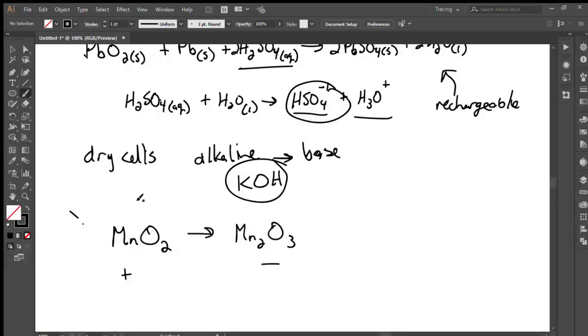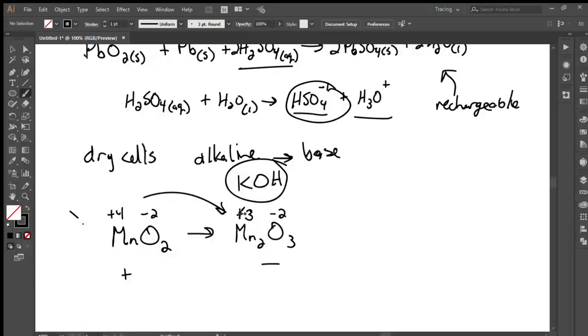And if we look here, we got a negative 2 of them, negative 4. Manganese here has to be a plus 4. If we look here, we got 3, so negative 2, so we got negative 6, but only 2 there. It has to become a plus 3. So in order to go from here to here, it has to gain an electron.